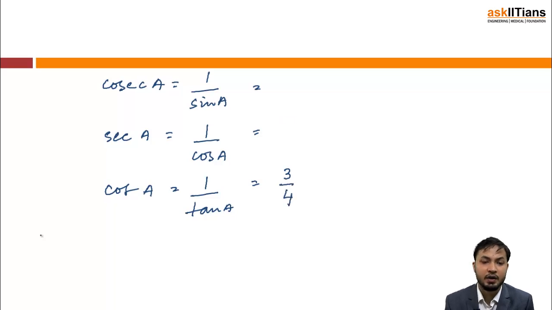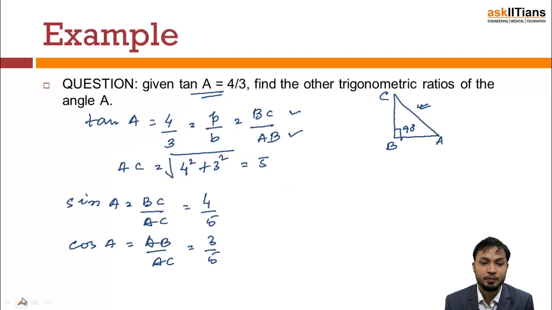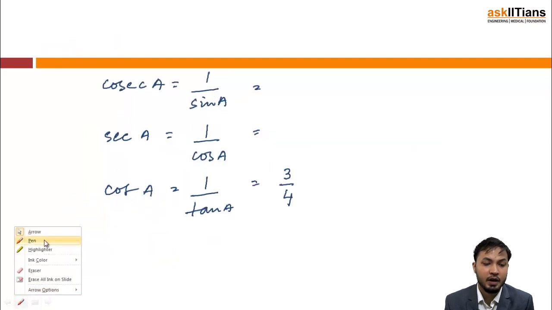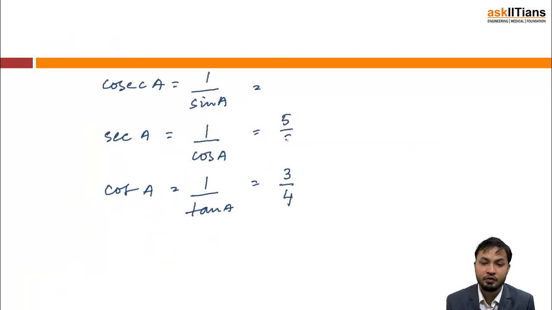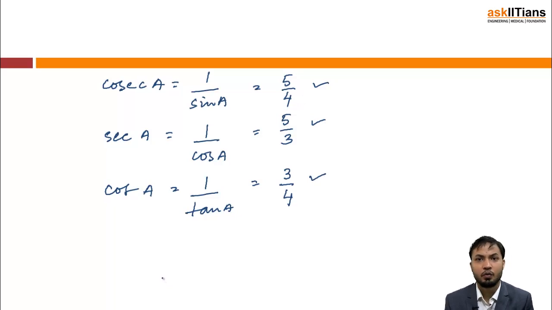And cos, as we had defined, what was my cos? My cos was 3 by 5 and my sine was 4 by 5. So my sec will become 5 by 3 and cosec will become 5 by 4. So like this we can define all the trigonometric ratios if we know just one.